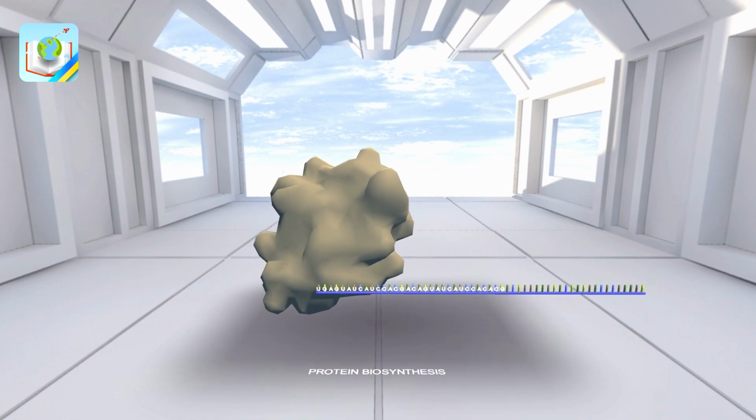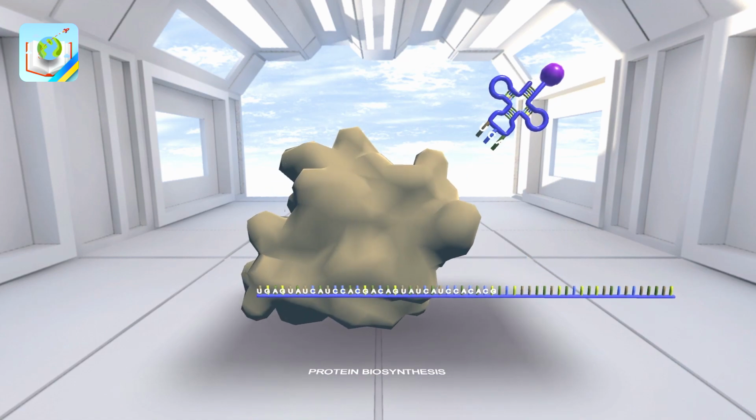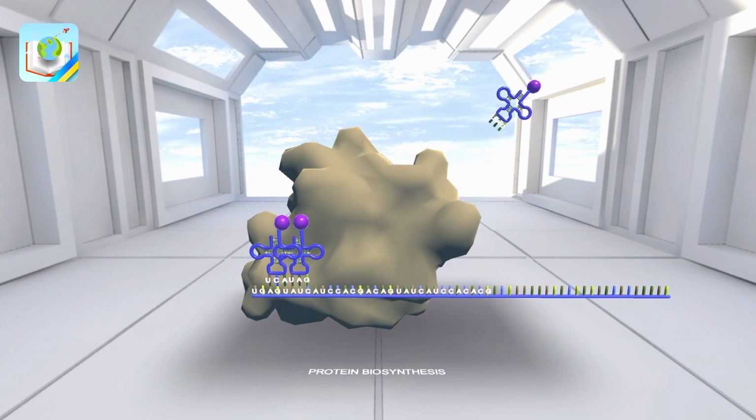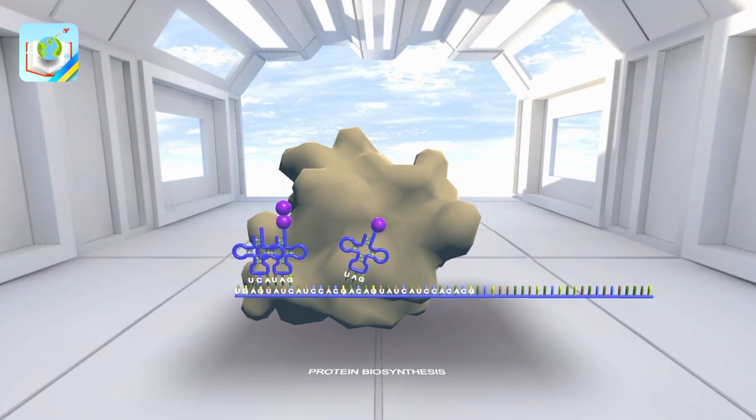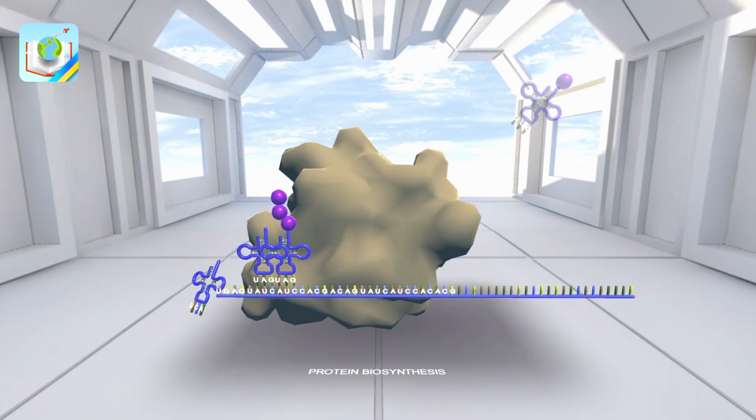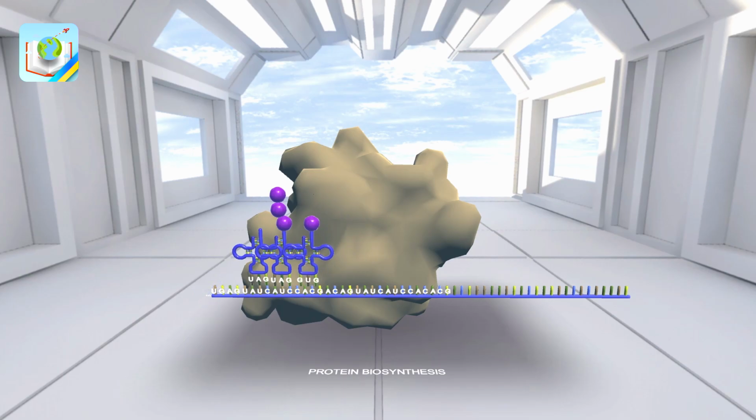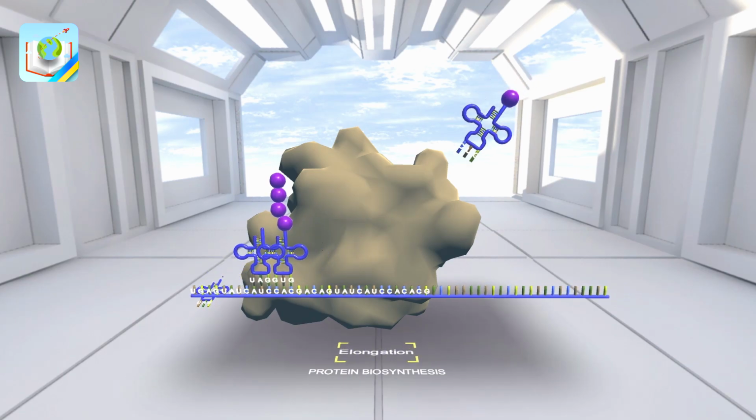If they are complementary, it attaches its amino acid to the growing strand. Synthesis occurs according to the genetic code, i.e., a specific amino acid corresponds to each triplet of mRNA nucleotides.